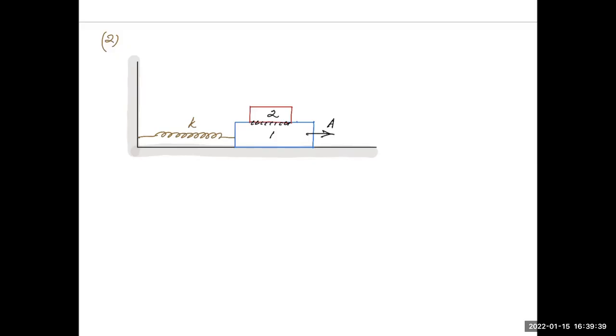But imagine if A increases, if I pull the lower block by a large amplitude and let go. It's going to oscillate rapidly back and forth with a large acceleration. In order to keep up with the lower block, the top block has to have the same acceleration, but it is only powered by static friction, which has an upper limit, which is mu s times N, the normal force.